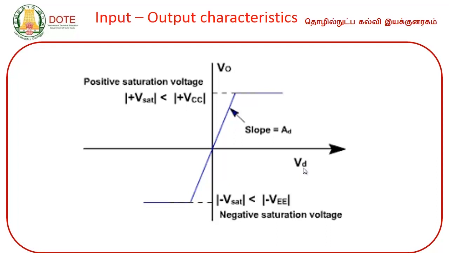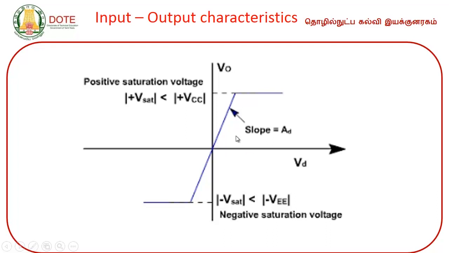Op-amp has 2 inputs, inverting input and non-inverting input. In the inverting input you can give one voltage, in the non-inverting input another voltage. The difference between the two is the differential input voltage. Vd is on the x axis and V0 is on the y axis.